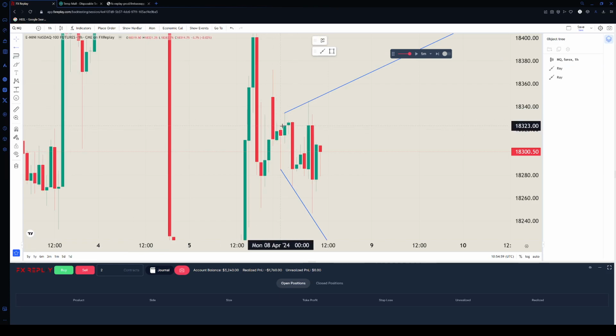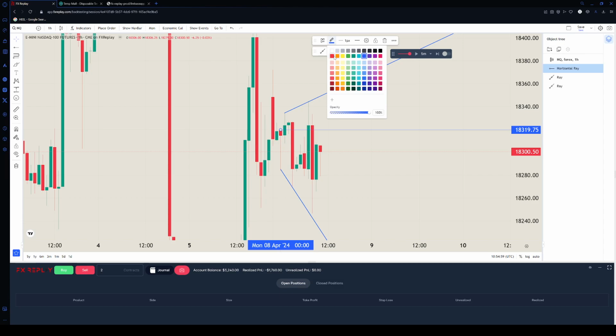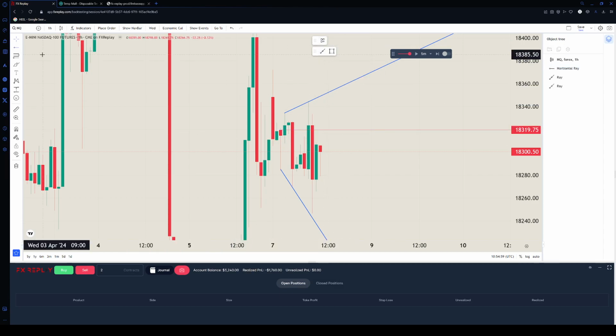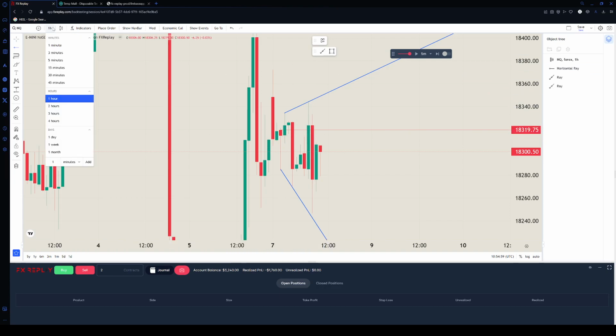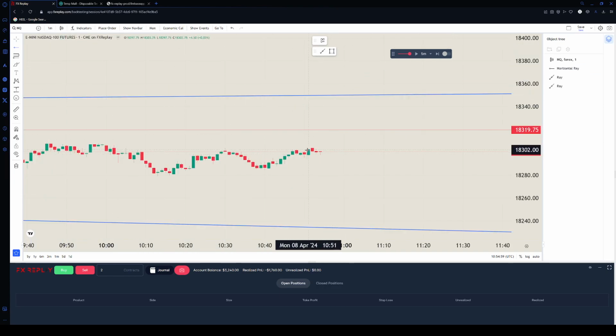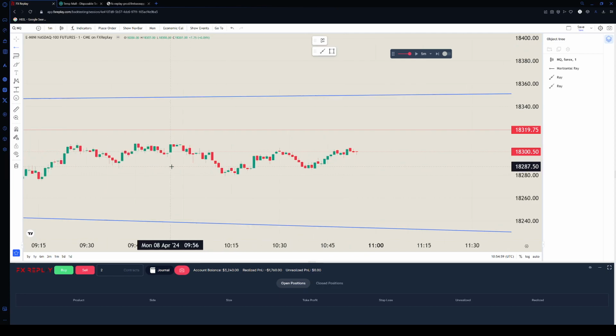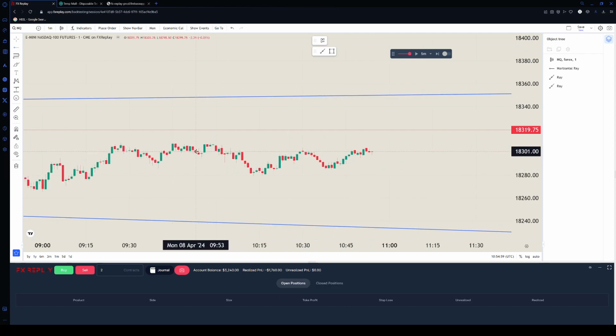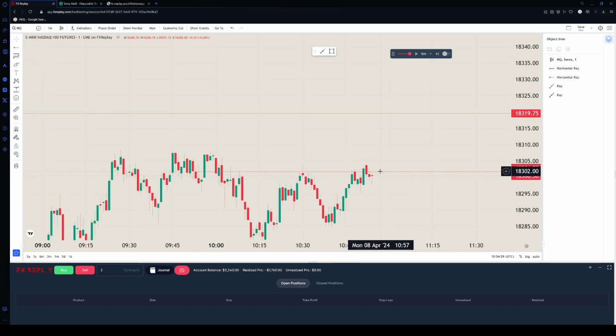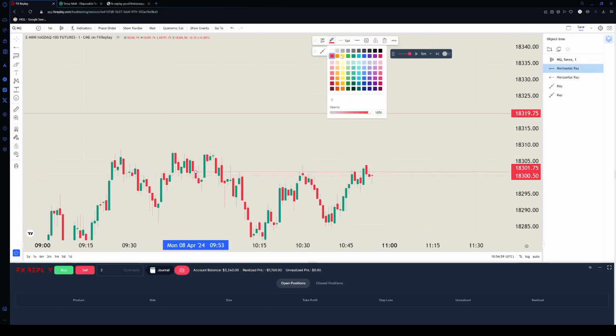Alright, midnight is right here. I'm gonna do a red line for midnight. And 9:53 is right here. I'm gonna call this something different as well so I don't get it wrong.